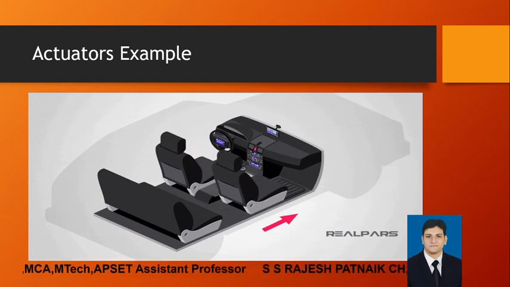Whenever a particular person comes and sits down on that chair, it moves automatically. And whenever the person comes out from the chair, it automatically goes back. It is also one of the linear actuators.